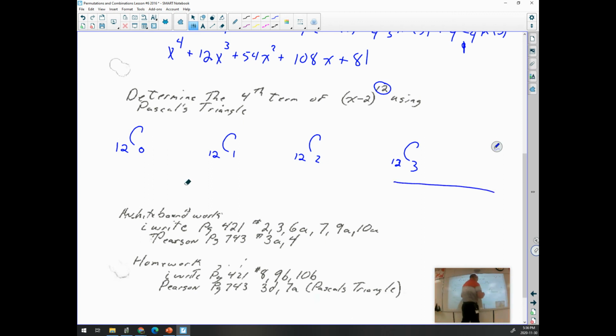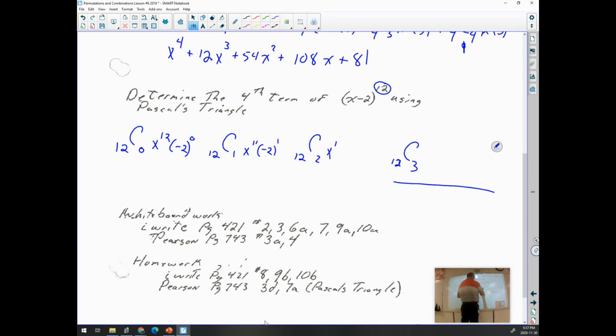So there's the coefficient. Now let's find the rest. Well, our first term will have x to the power of 12, negative 2 to the 0. Our second term will be x to the power of 11, negative 2 to the 1. I'm just subtracting 1 from the exponent as I go from left to right of the x here and adding 1 to the negative 2.